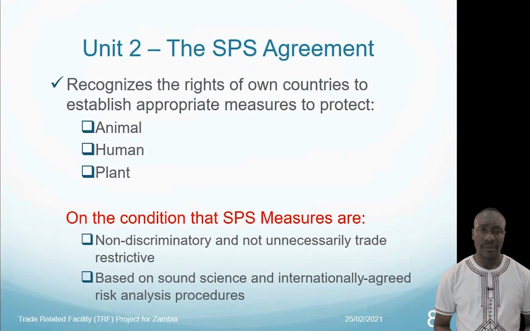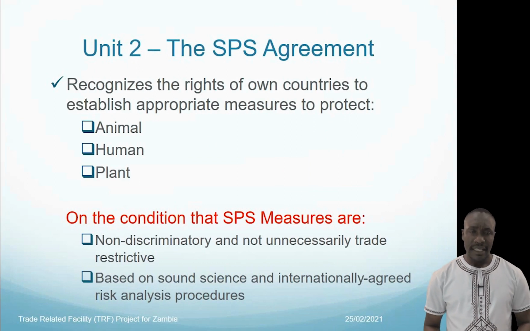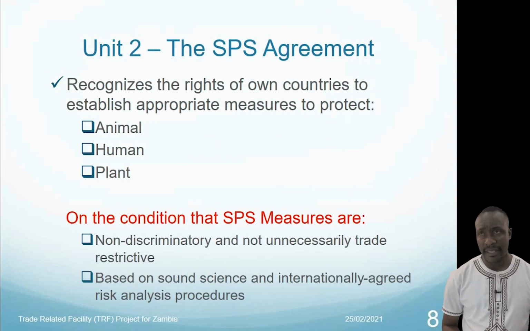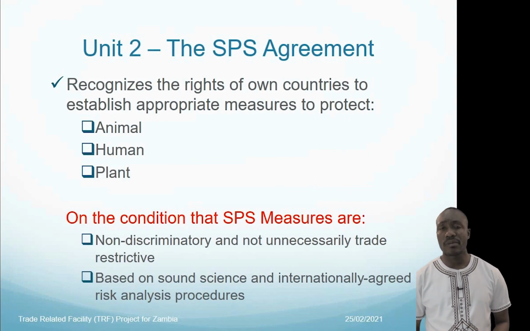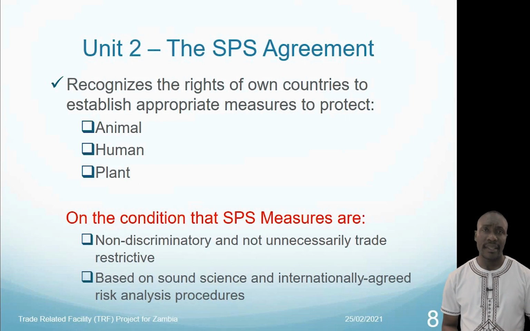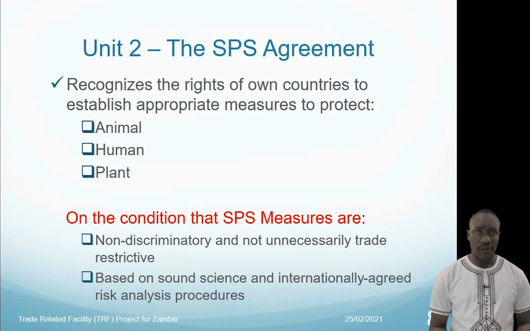Okay, the first thing that comes to mind when you look at the SPS is the sovereignty of nations, that each country has a sovereign right to protect its territory.